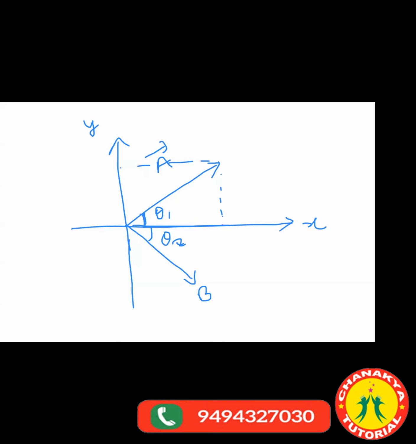So A cos theta, and the one which is not with theta, not with the x-axis, that component will be A sin theta. Similarly, any one of you, tell me for B.